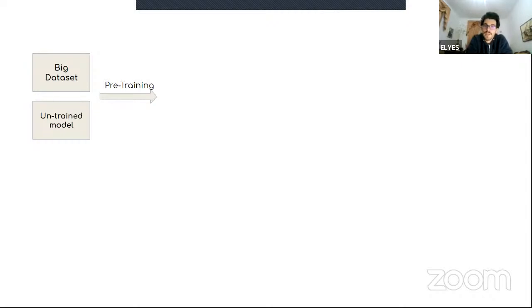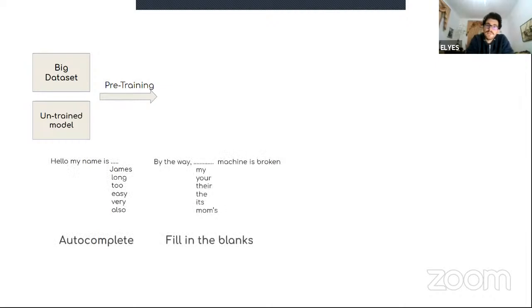What pre-training does is train the model on the big raw dataset on autocomplete and fill-in-the-blanks tasks. It's self-supervised, so the text is in itself both text and labels. The model has to learn the distribution of words across the text and know which word comes before and after other words, so that it can suggest the best ones.